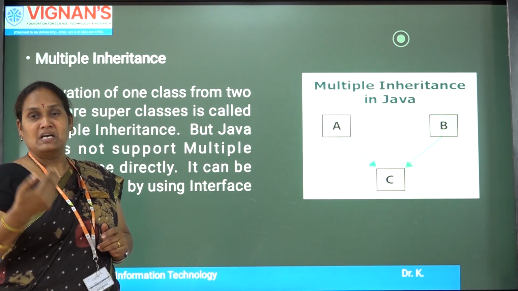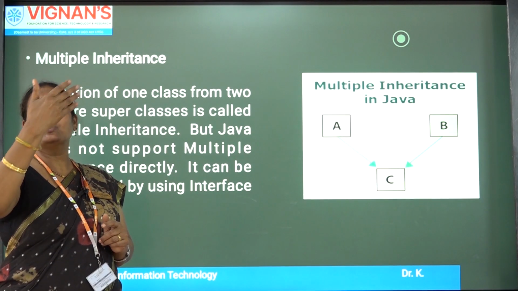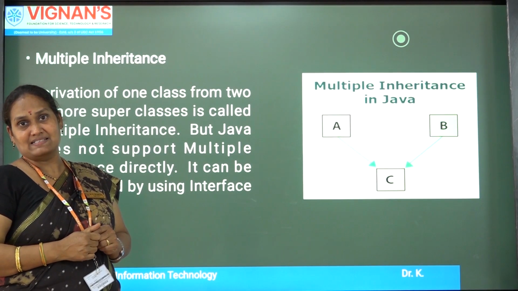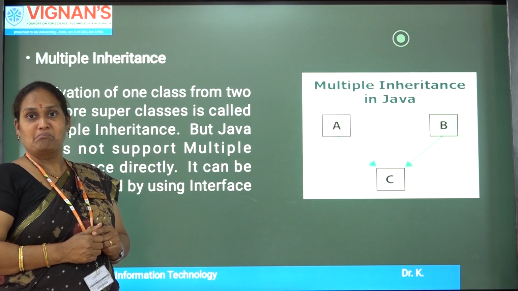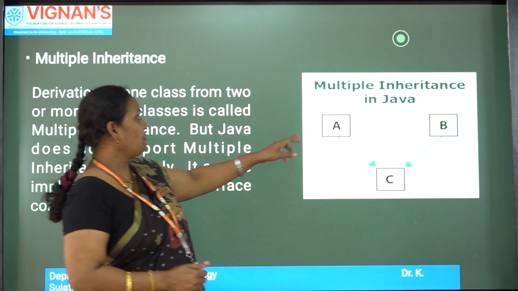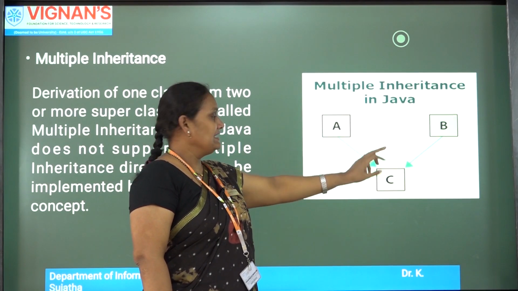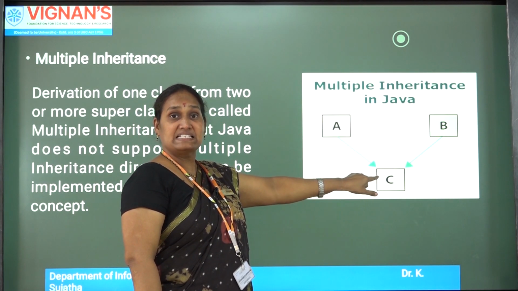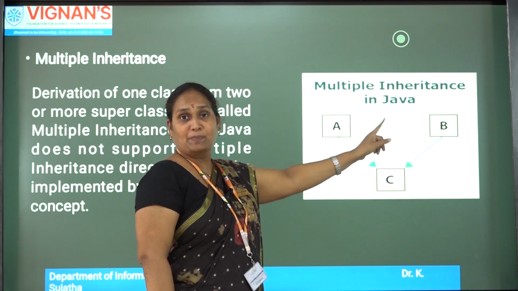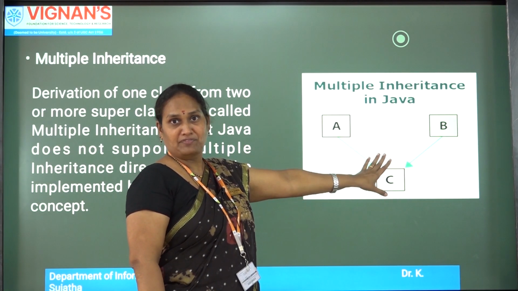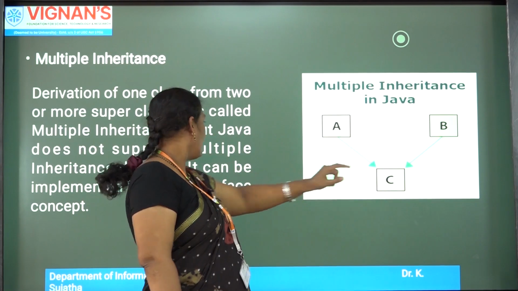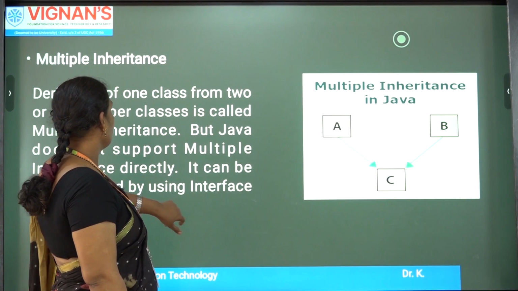If we derive one subclass from two or more superclasses, then it is called multiple inheritance. Now here you can see A is a superclass and B is a superclass, C is a subclass derived from two superclasses. Such type of inheritance is called multiple inheritance.